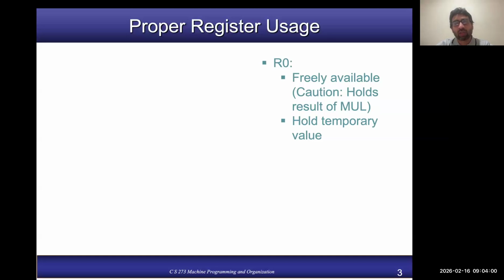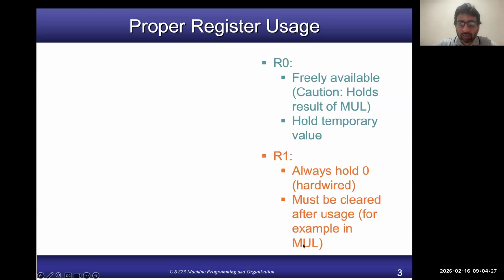So if you are using a multiplication instruction in your program, you need to be careful with the usage of the R0 register, because, for example, if you do the multiplication and after that you do an instruction which overrides the content of R0, then the result of your multiplication will be lost. Other than that, you are free to put any value in R0, but you need to be careful when you are using multiplication.